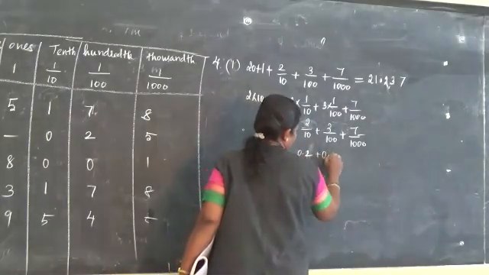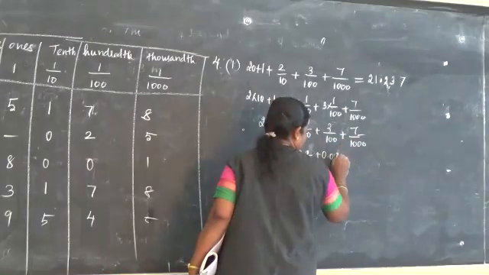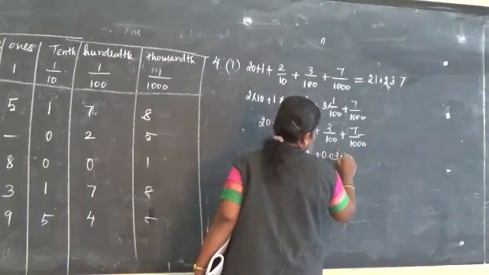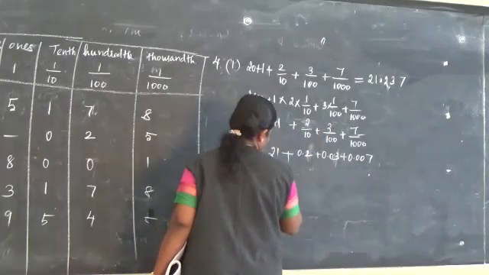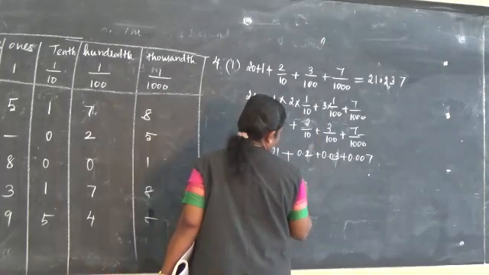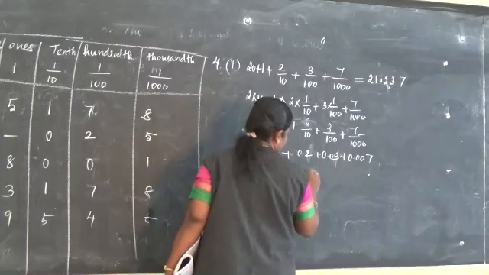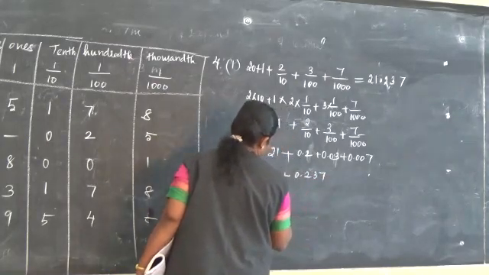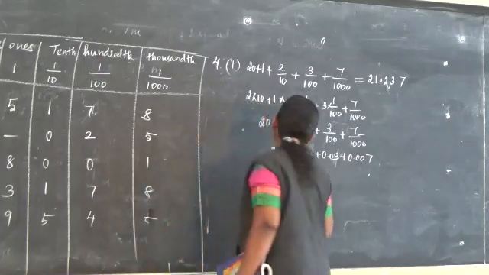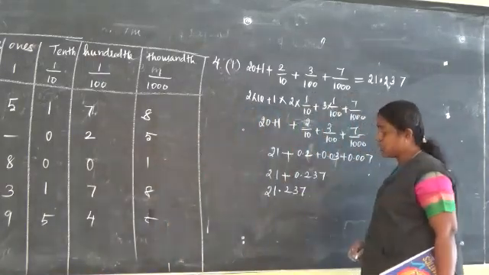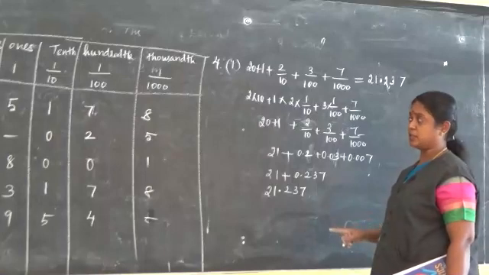Here 0.03 plus 0.007. After that, we have to add. So 0.237. If you are adding, 21.237. This is one method.